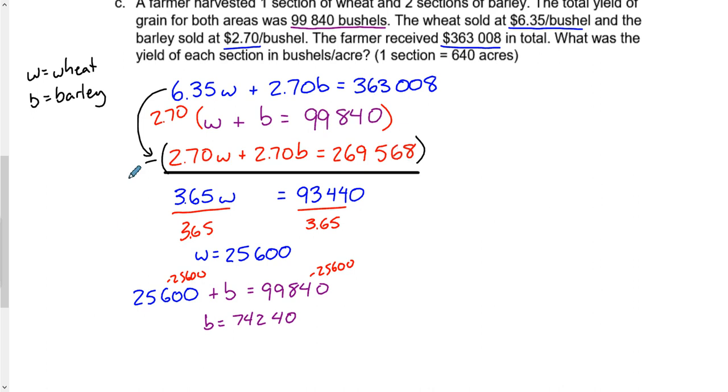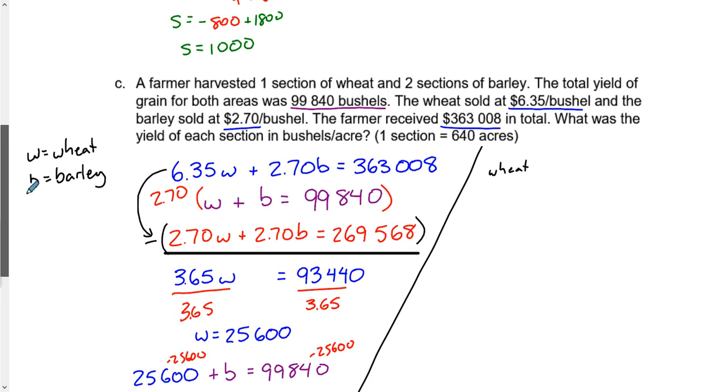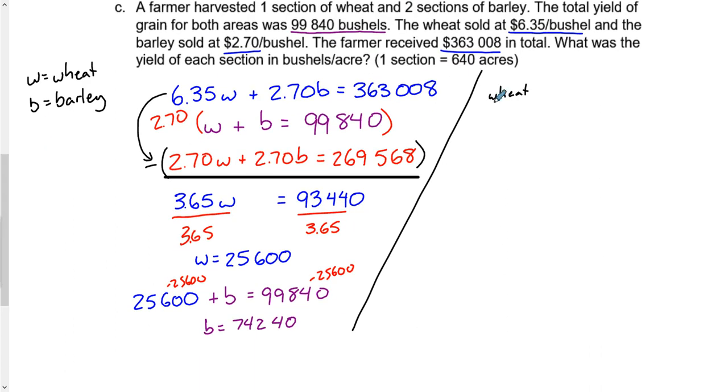Now, that's not actually the end of this question, just because I wanted to make it a little more fun. Last question is, what's the yield of each section in bushels per acre? Well, bushels per acre, we're just going to take our bushels and divide by the acres. So for our wheat, a farmer had harvested one section of wheat. Well, one section of wheat is 640 acres.